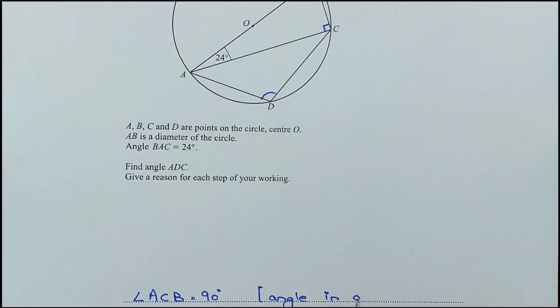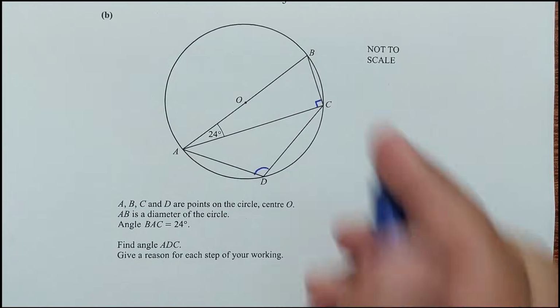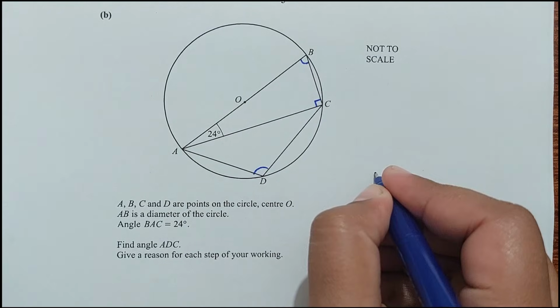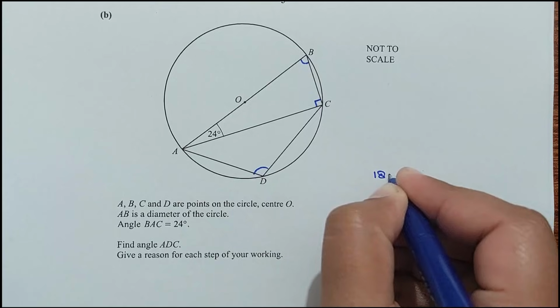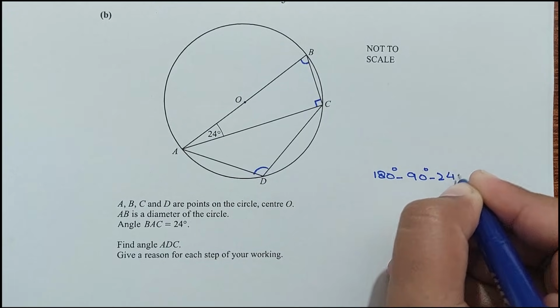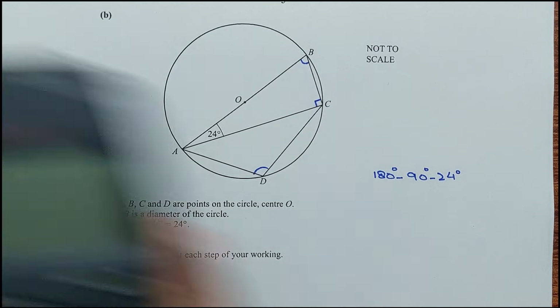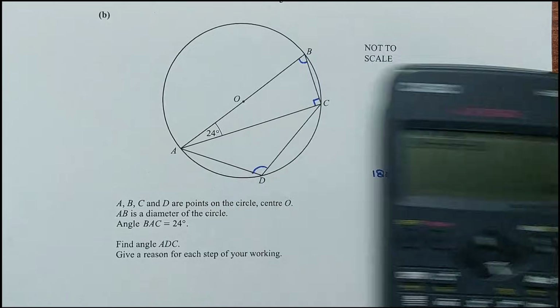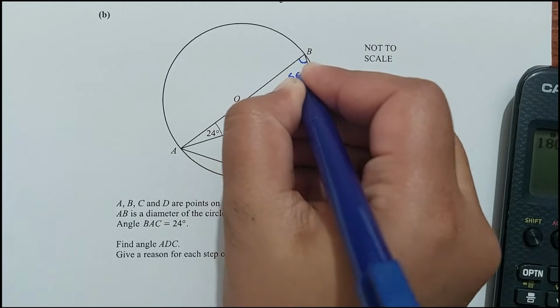Angle in a semicircle. Now let me solve for the third angle. Angle ABC would be 180 take away 90, take away 24 degrees. 180 minus 90 minus 24 is 66 degrees.